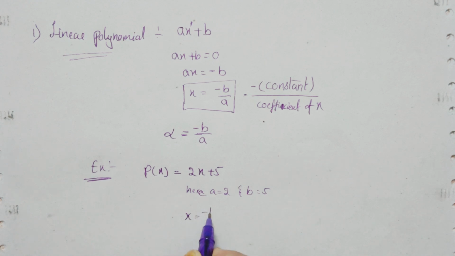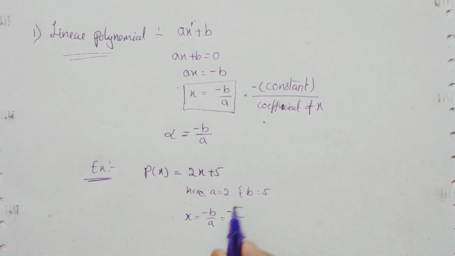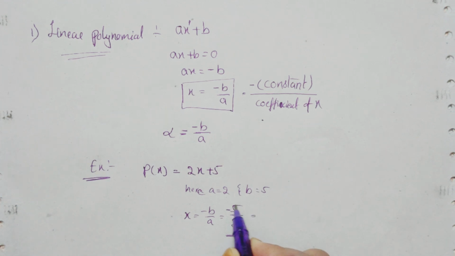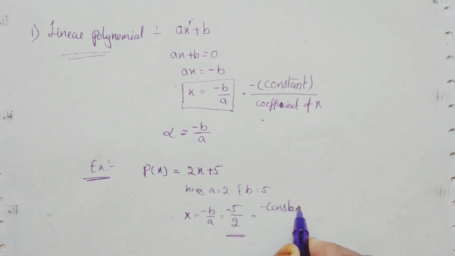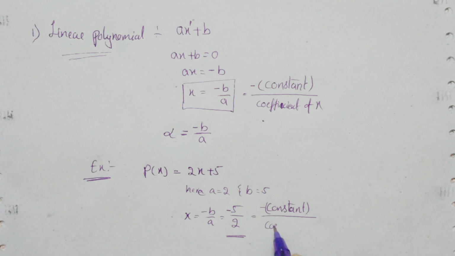So I can directly write x equal to minus b by a. Here b is nothing but 5, and a is 2. So minus b by a, minus 5 by 2, is the zero of this polynomial. What is 5 here? 5 is the constant. Minus of constant divided by 2, which is the coefficient of x.